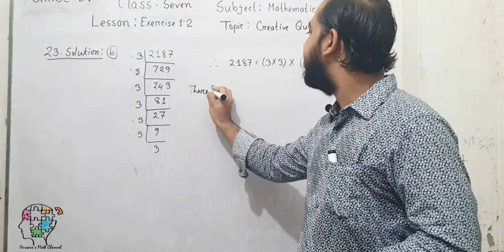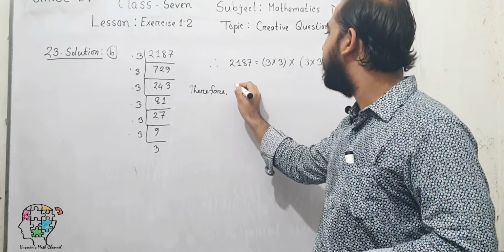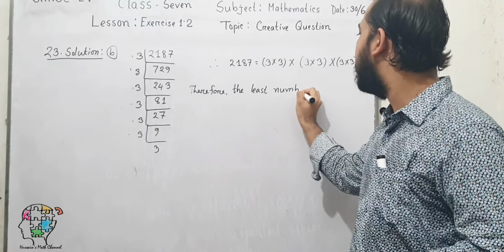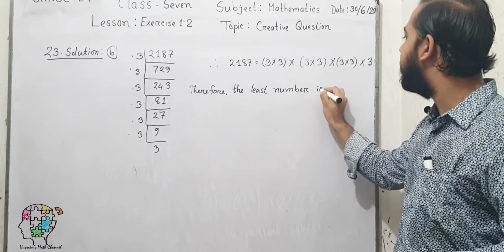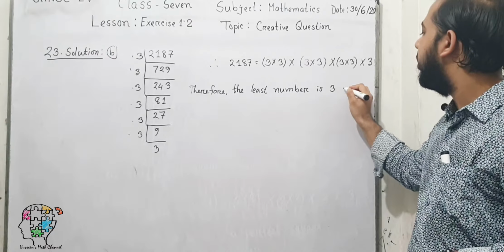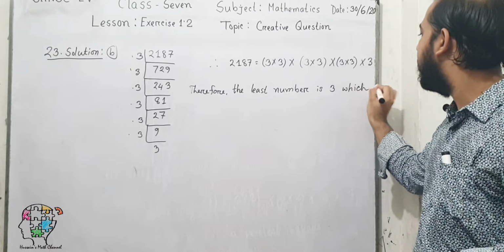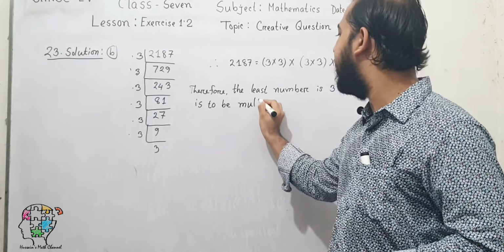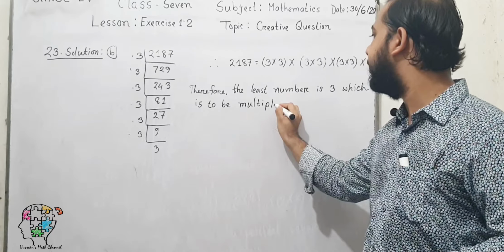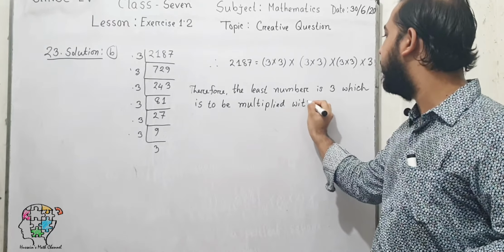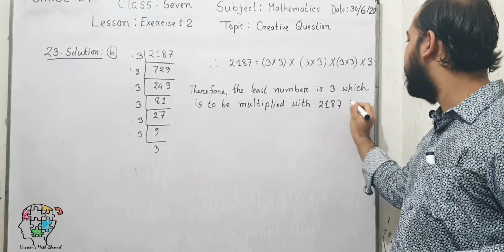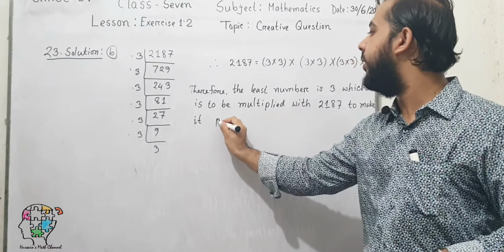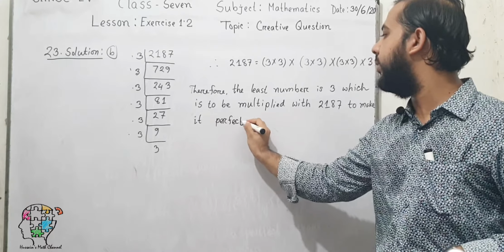Therefore the least number which is to be multiplied with 2187 to make it a perfect square is 3.